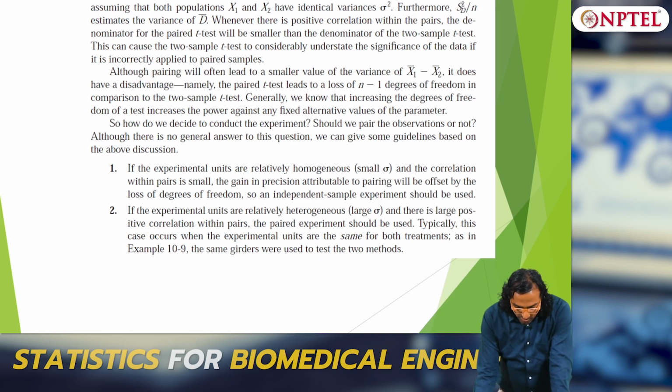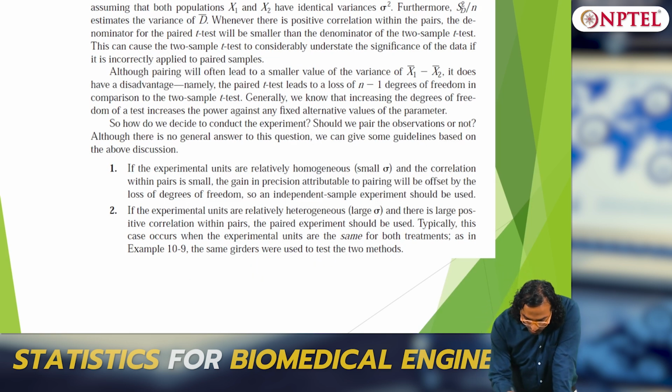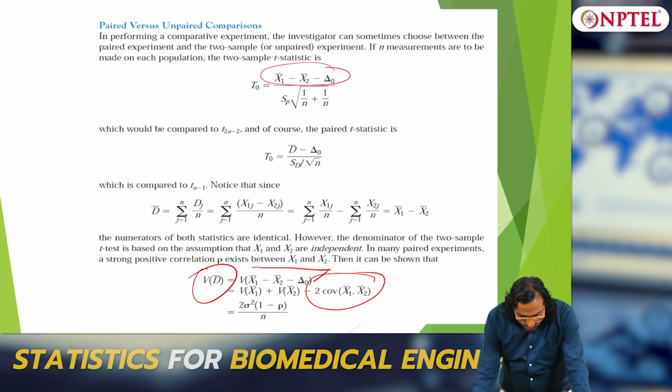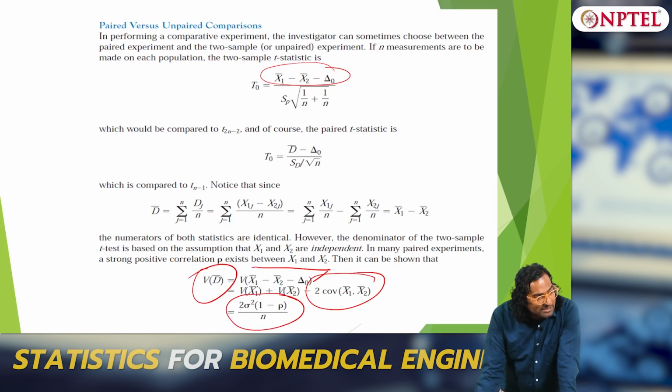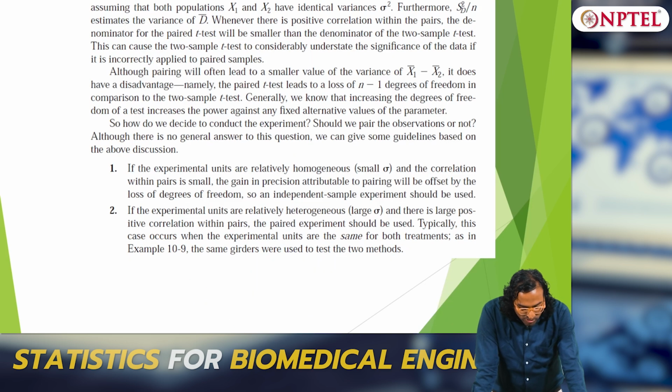So although pairing will lead to a smaller overall variance, what happens: does it increase or come down? The variance reduces. Is that a good thing or a bad thing? Good thing, right. Variance decreases.